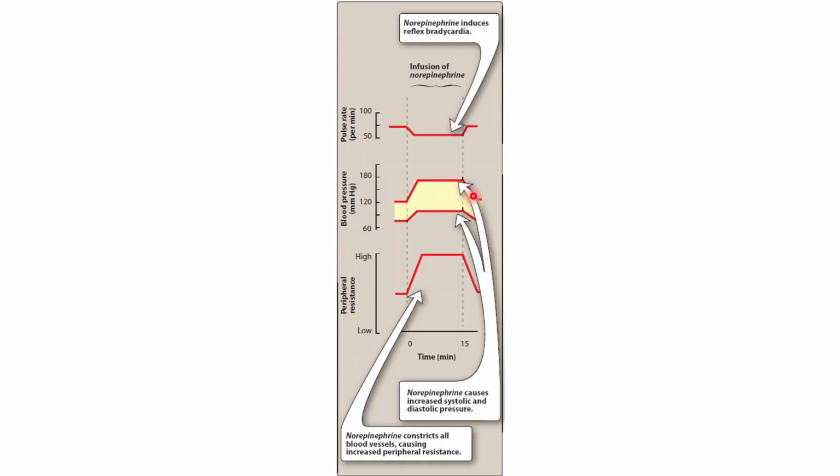So almost no beta-2 relaxing activity. Also, norepinephrine increases blood pressure, and that stimulates the baroreceptors, which increases the activity of the nervus vagus, and that leads to the reflex bradycardia.